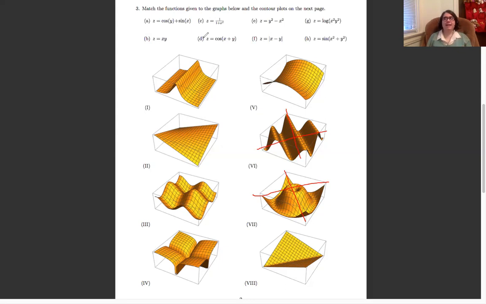I should get Y is X or minus X, whichever, plus a constant. And this one looks like it's giving me lines when I set Z constant. This one looks like it's giving me circles when I set Z constant. So I'm ruling out this one, and I am choosing this one. So D should be 6.